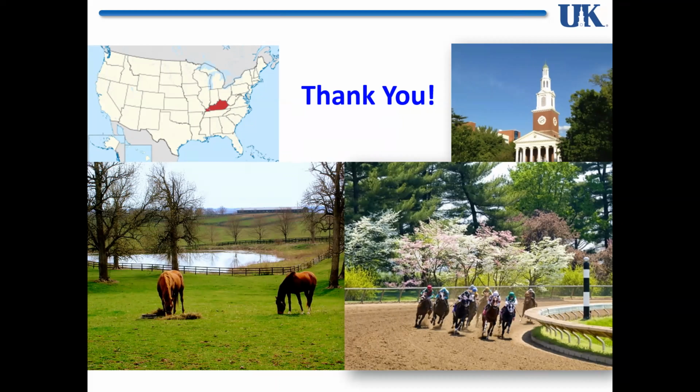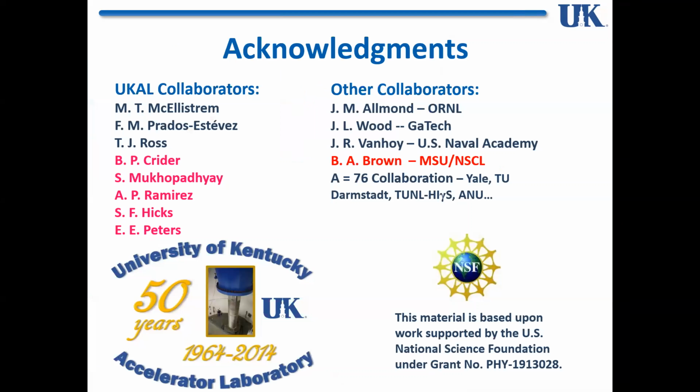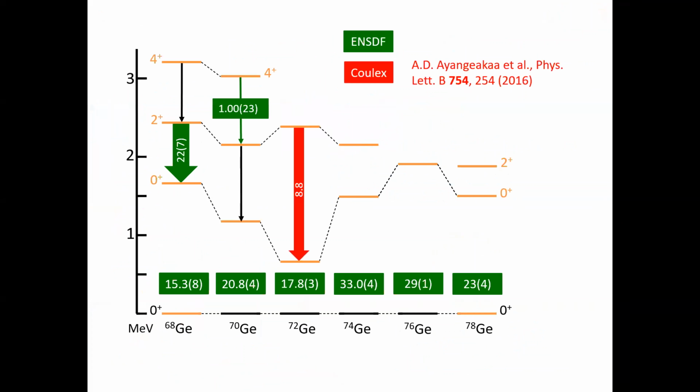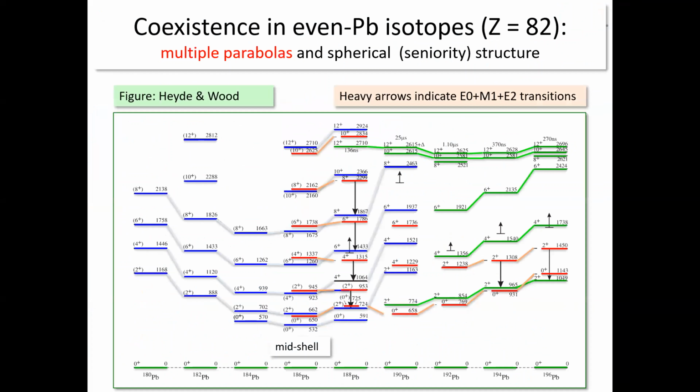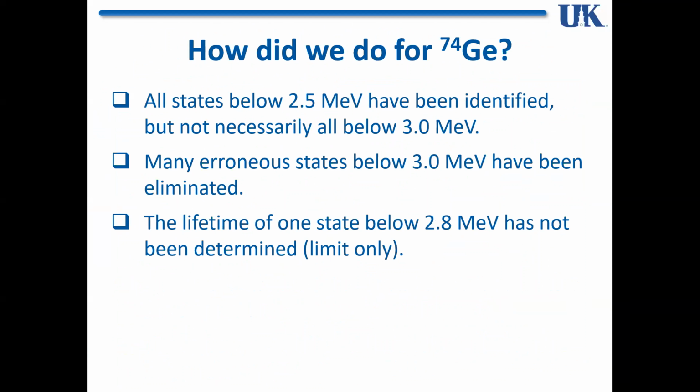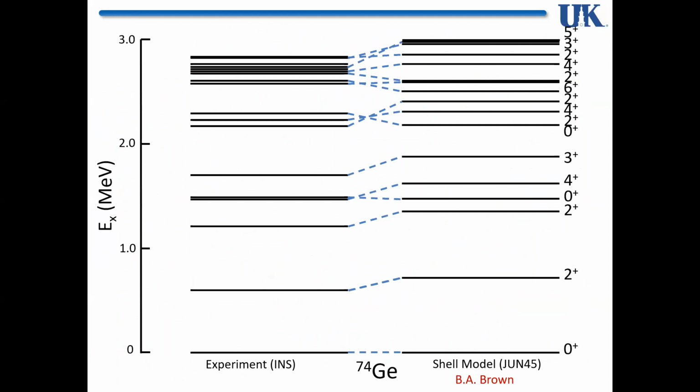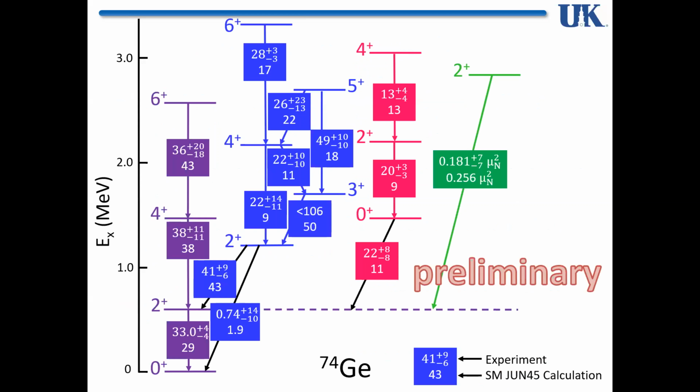So this Doppler-shift attenuation method is a very powerful technique, and I really enjoyed seeing your data. I saw that you have the stated 2.8 MeV for which you have an upper limit. Anyhow, Ernie Warburton had developed what he called a variant Doppler-shift attenuation method in which you recoil into different Z material.